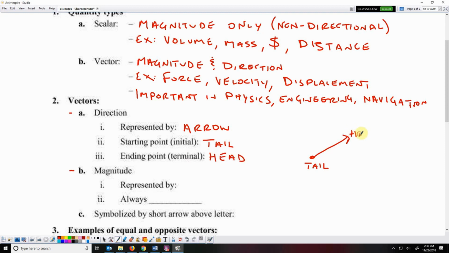So that is the head. Something to keep in mind is that usually when you see something like this with an arrow, it means it's going forever in that direction. But on a vector, that head is a terminal point, so it does not continue forever. The arrow only shows the direction. It does not show that it goes forever.